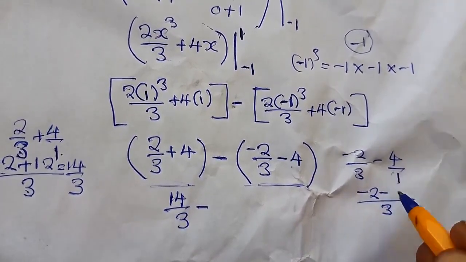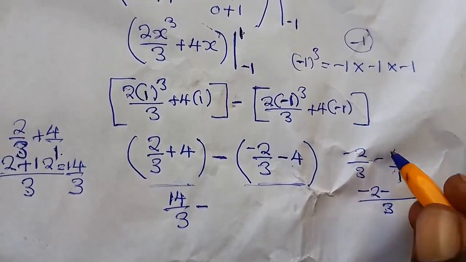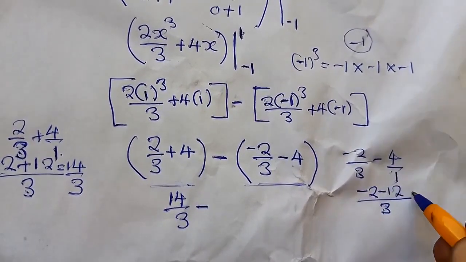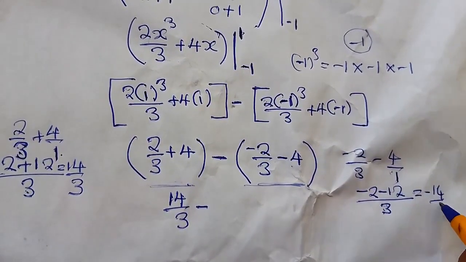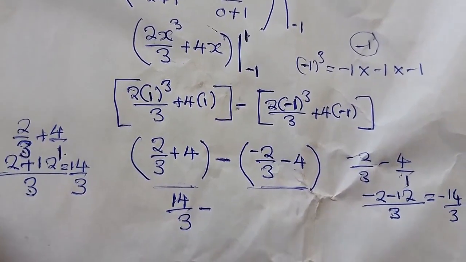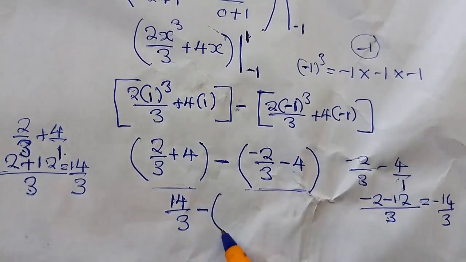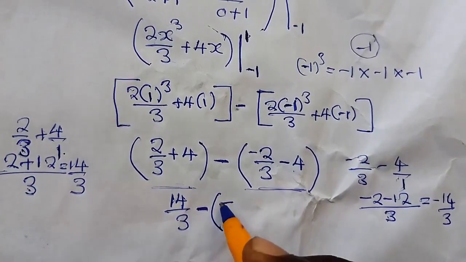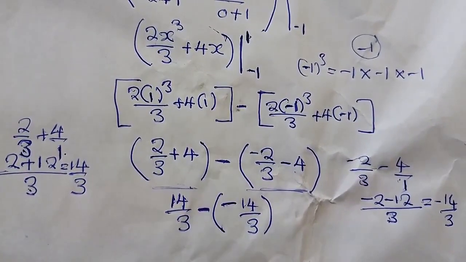Minus 1 into 3 is 3, 3 times negative 4 is negative 12, which is equal to negative 14 over 3. Have you seen the answer? It is negative 14 over 3. So you say minus here, then minus 14 over 3. This is what you need to do.